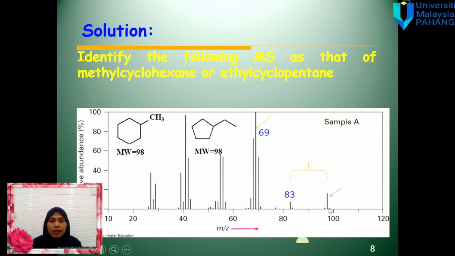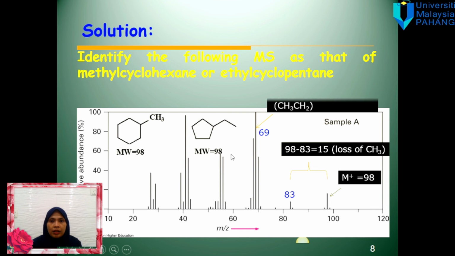So see, 98 deducted by 69 is 29. It is clear that this is the loss of an ethyl group. So it is clear that this spectrum belongs to this compound because of the loss of ethyl. In the other compound, there is no loss of ethyl. So this is the compound for this spectrum.